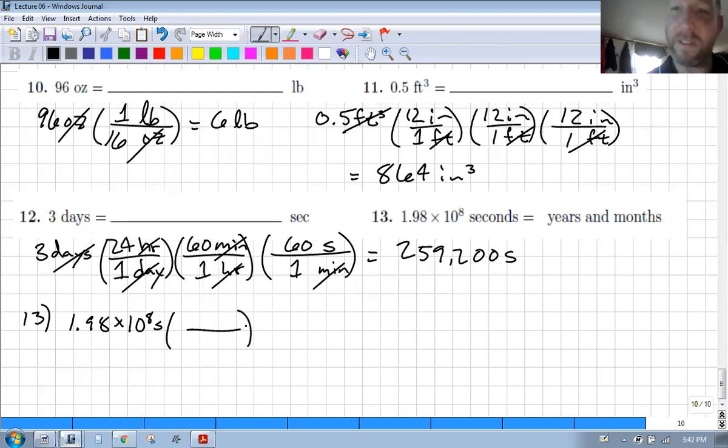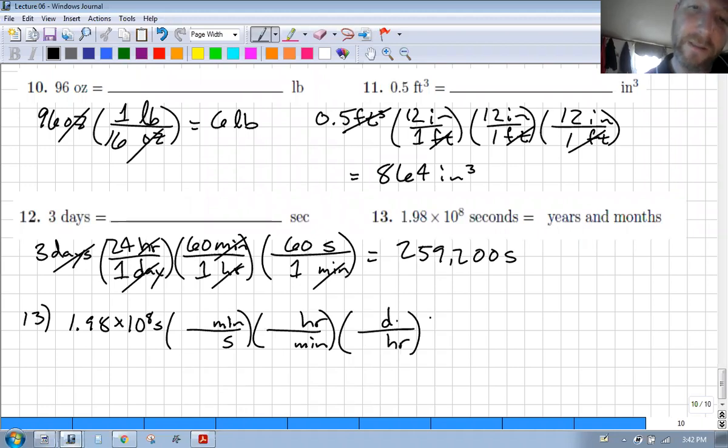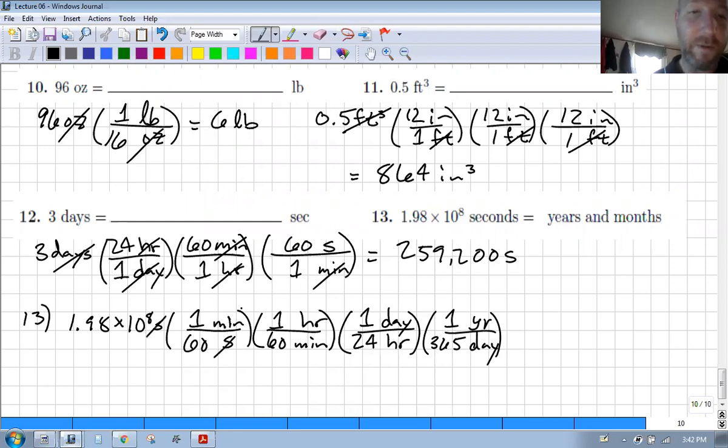All right, we're going to years, so get rid of seconds for minutes, get rid of minutes for hours, get rid of hours for days, and I know how many days are in a year. 60 seconds make a minute, 60 minutes make an hour, 24 hours make a day, and 365 days make a year. So seconds go away, minutes go away, hours go away, days go away. Left with years.